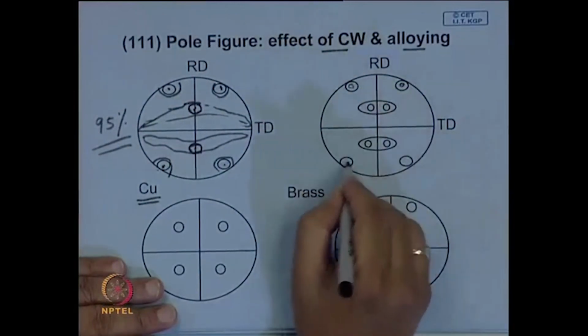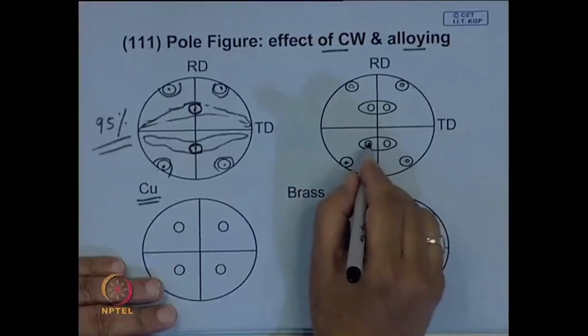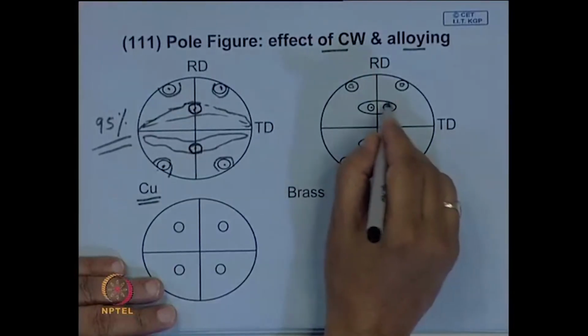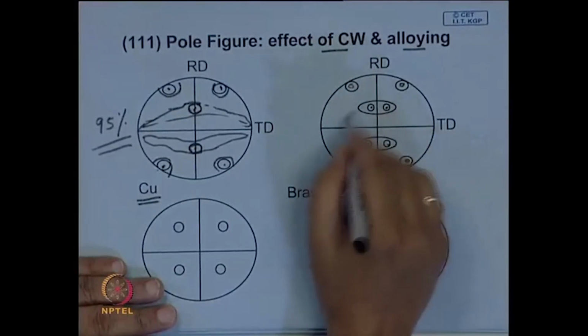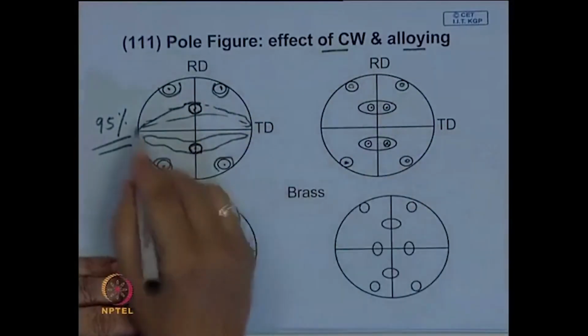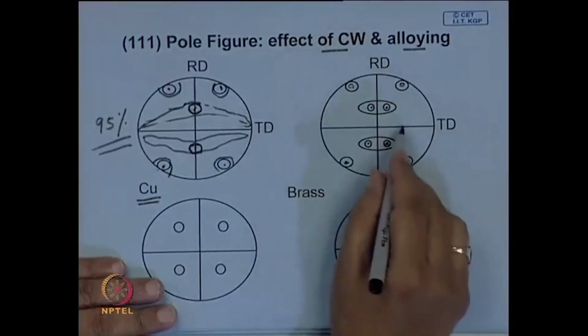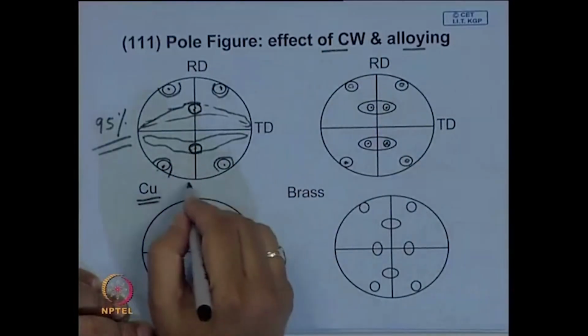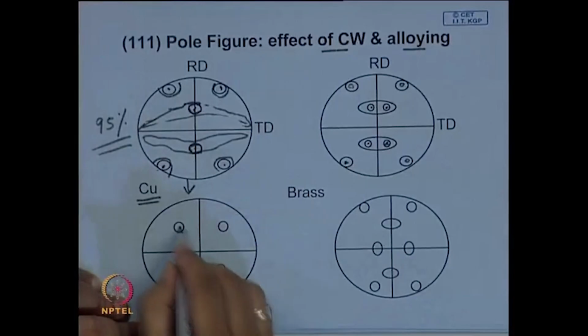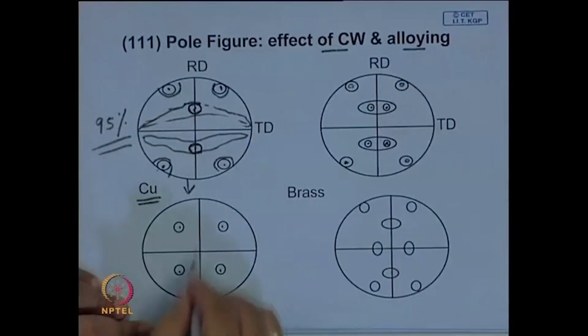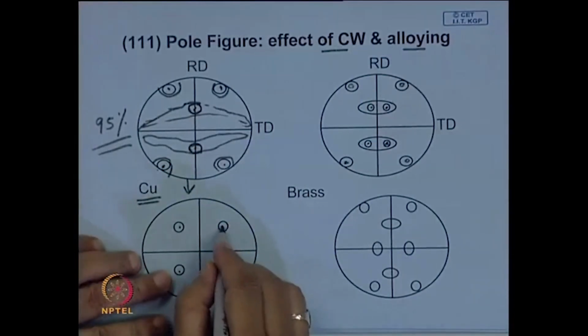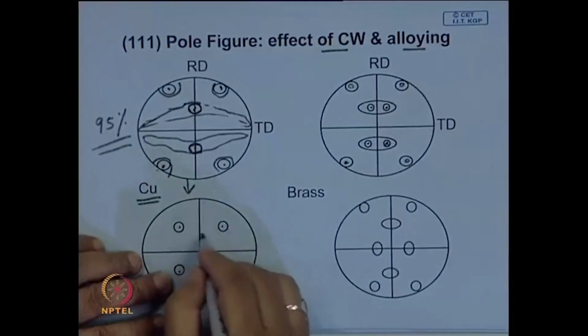Here in brass, possibly it cannot cross slip because of that low stacking fault energy. You may find the type of texture that develops is a little different, and when you anneal, in this case you are likely to get a particular type of texture, something similar to a cube texture.